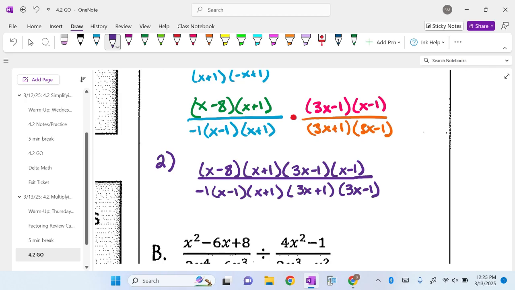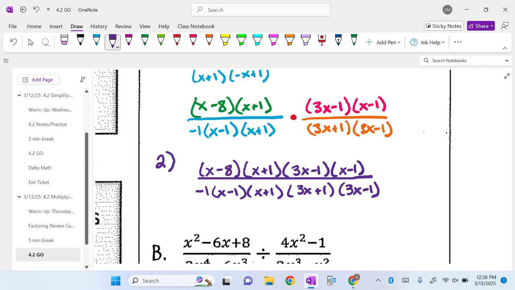Let's look back at your notes from yesterday if you need to remember. But this is now one big fraction that we can simplify. How did we do it? Landon. Cancel out the factors that are the same.